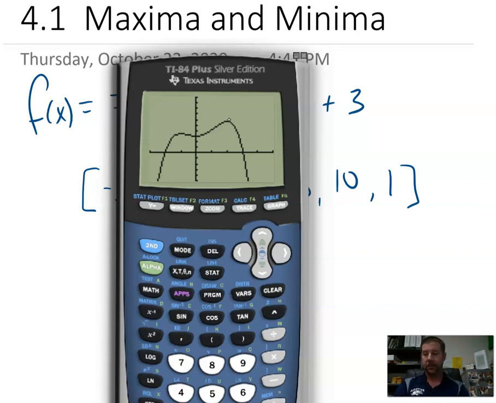So relative minima and maxima on an interval are just higher or lower than the points near them. Then we also have absolute minima and maxima. Your absolute minimum or maximum is the one that is the highest or the lowest on the interval. So in this case, this function has an absolute maximum at that value right there. It's higher than anything else around. If I'm on the interval from -3 to 5, as we are right now, that's still going to be my absolute max.